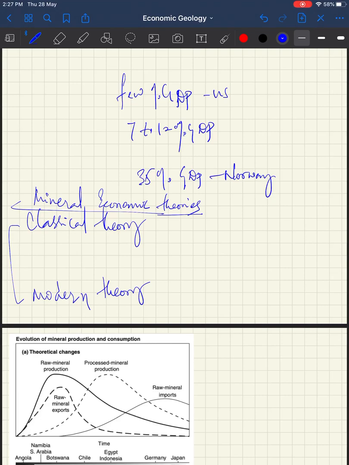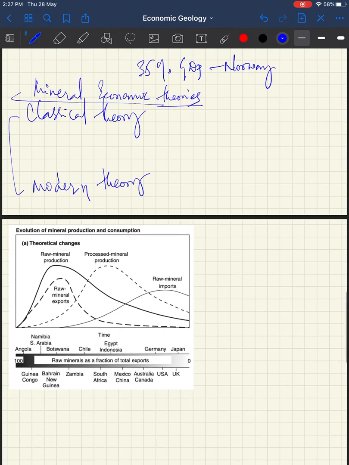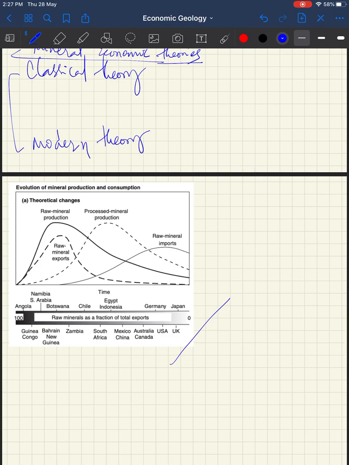So, what does this classical mineral economic theory propose? It holds that economic activity depends on domestic mineral resource availability of a given country. According to this theory, as you can see in this particular figure, raw mineral exports occur early in a nation's development as mineral deposits are discovered. So we are talking about this particular curve over here.